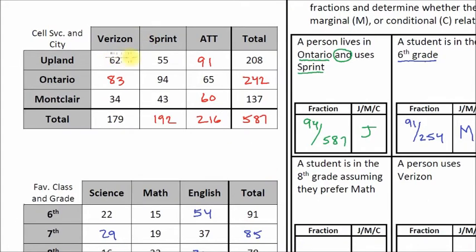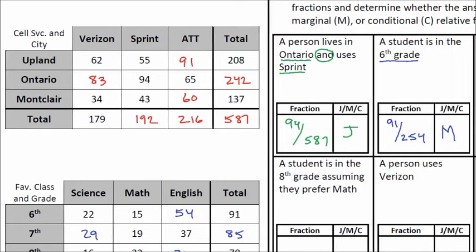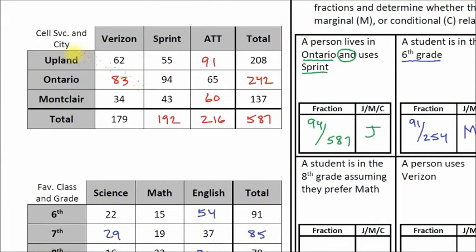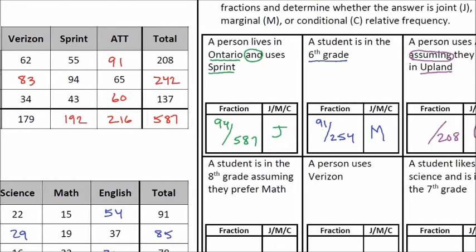There are 208 people who live in Upland. And of those people, how many use AT&T? So here's Upland, here is AT&T, 91 out of 208.